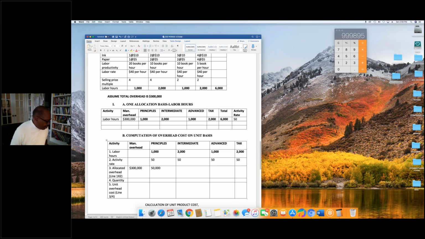The Intermediate book is going to get 50 times 2,000, so 100,000. The Advanced book is going to get 50 times 1,000, so 50,000. And let me move these lines over some.